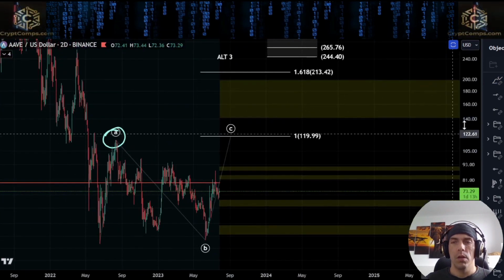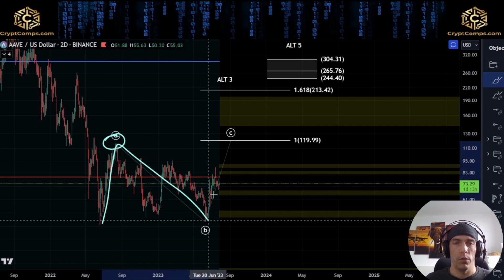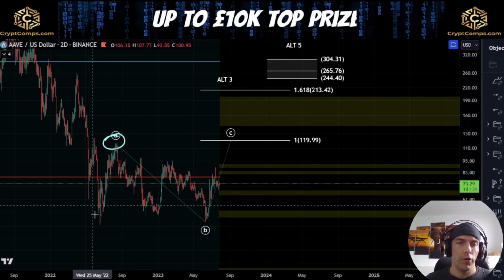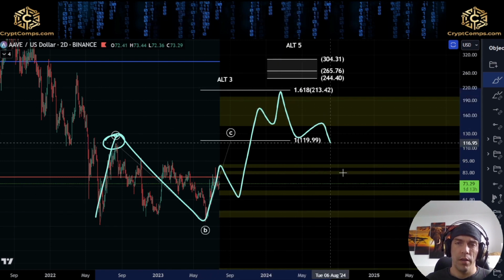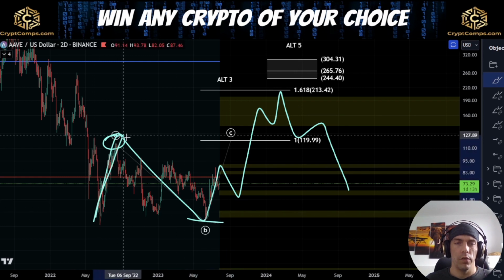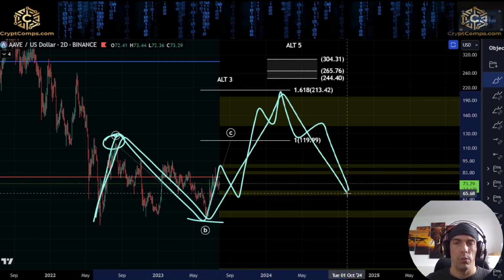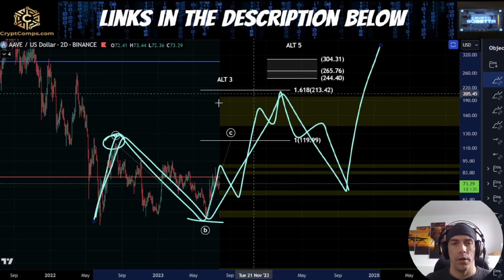Now, we can also argue that within this structure, instead of looking at this as 1, 2, 3, 4, 5, what we could actually get is 1, 2 here. We could get 1, 2, 3, 4, 5, and then another 3-wave move to the downside, holding this low once again, and this could align with the idea of this being 1, 2, 1, 2, which would mean that we'd be getting a bigger break to the upside after that point.